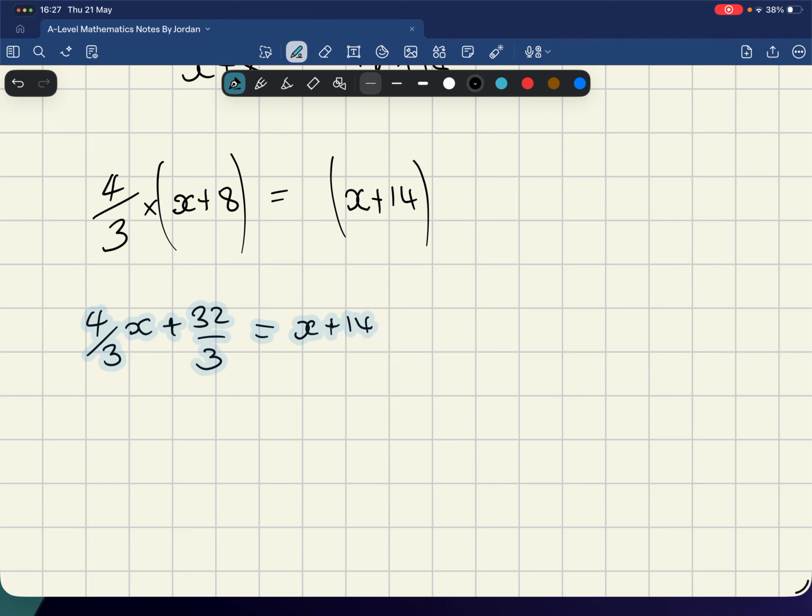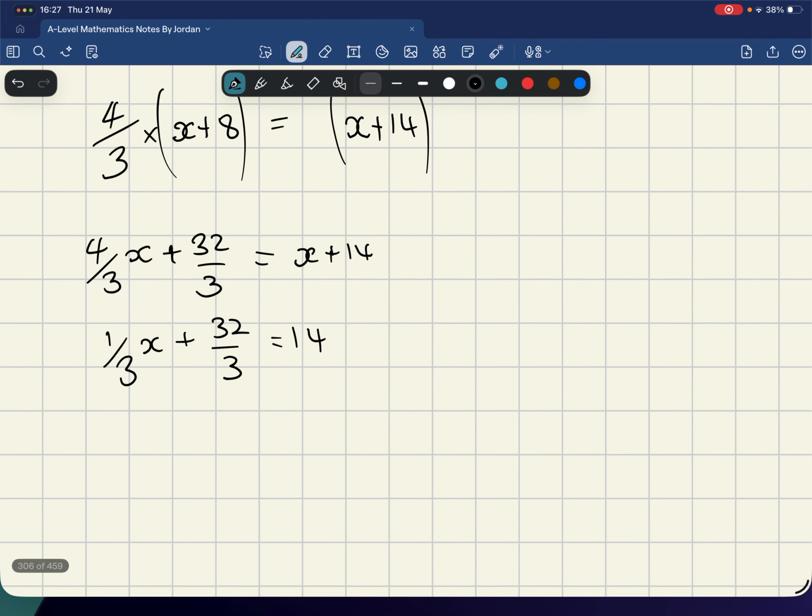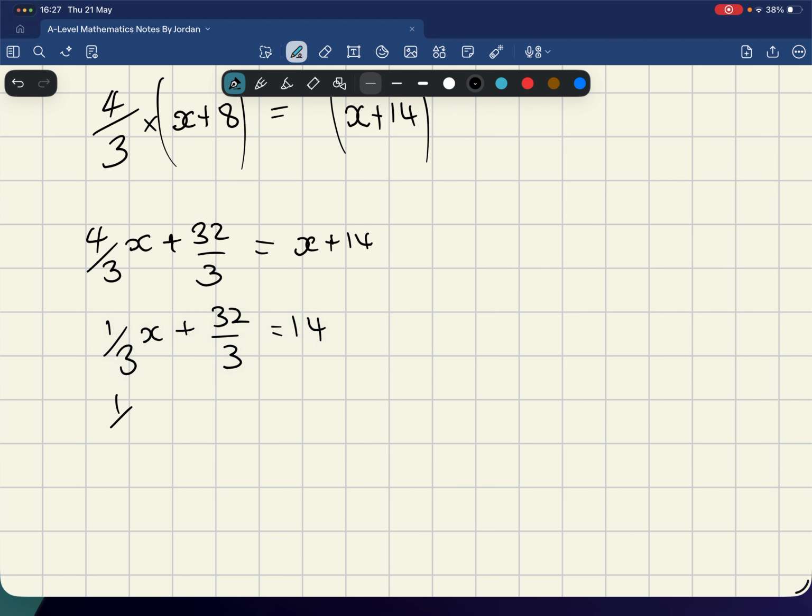Then we can take away an X from both sides, which gives me 1/3 X plus 32 over 3 equals 14. If I take 32 over 3 from both sides, 1/3 X equals 14 take away 32 over 3.